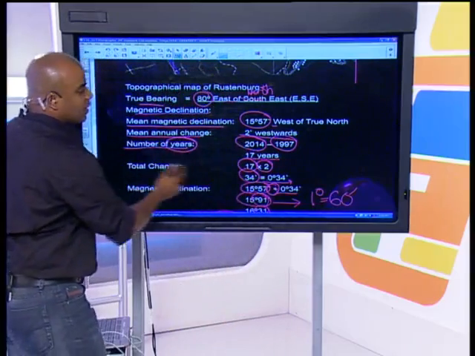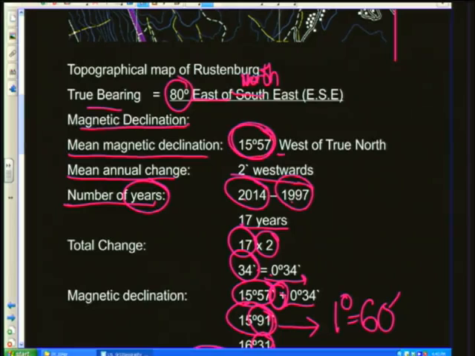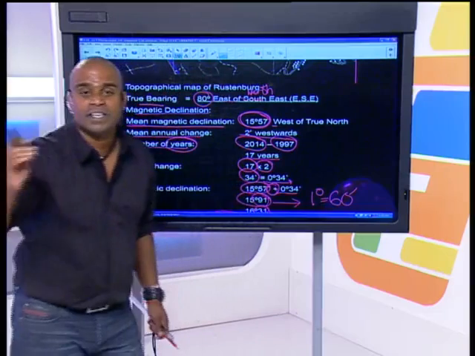In this example, the magnetic declination is 15 degrees, 57 minutes west of true north, which is found on the map. The mean annual change, also found on the map, is 2 minutes westwards. The number of years, remember in our calculation, we are calculating the present year subtract the year on the map.